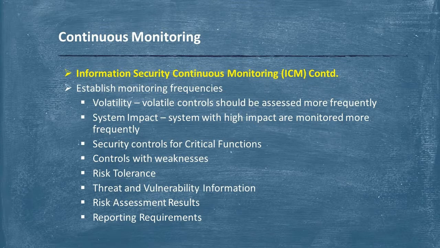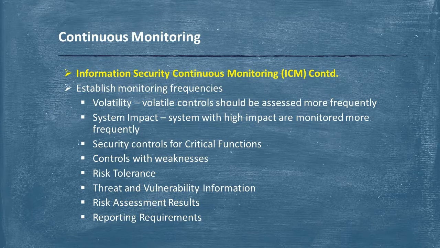And then the next part is establish monitoring frequency. As we were earlier discussing, each item cannot be monitored at the same regular intervals. Some need very close monitoring depending on the volatility. So volatile controls should be assessed more frequently, monitored more frequently.